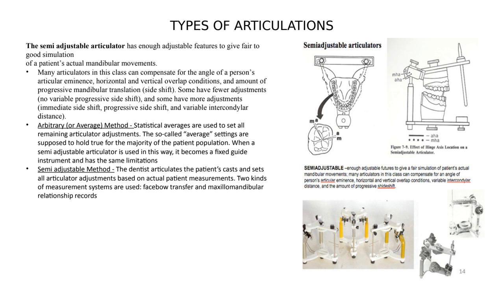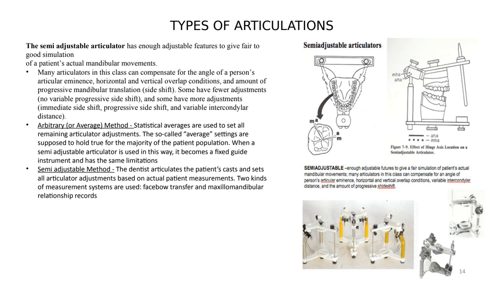Some people, when they open their mouth, don't open straight up and down. There is a little bit of lateral deviation. So when they open up, the jaw might move a little bit to the left or to the right. It could be just 1 millimeter, something very, very small. But if we don't take that into account when we do the final restoration, it's not going to fit well.